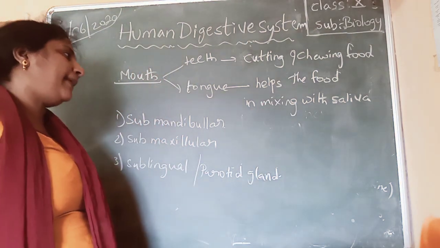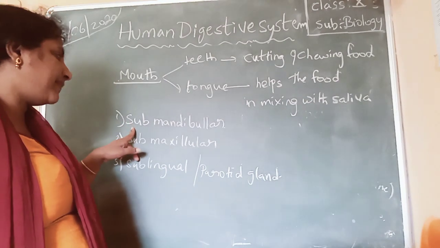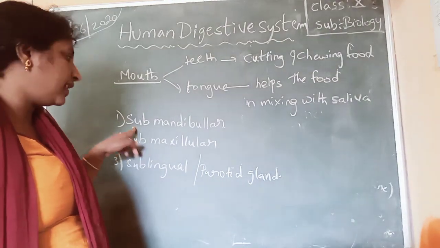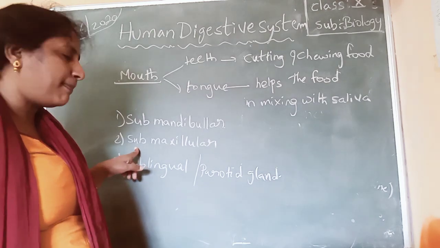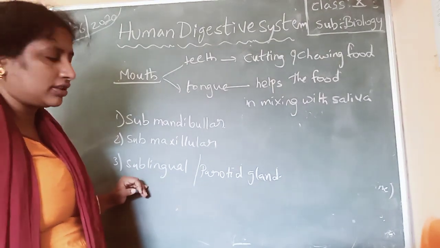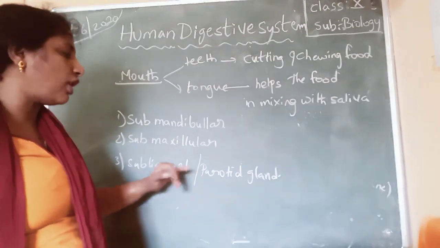First pair is called submandibular, second pair is called submaxillar, third pair is called sublingual or parotid gland.